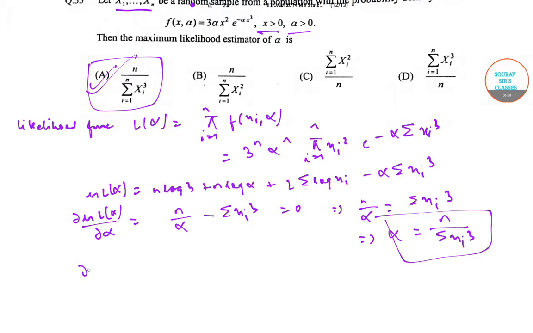So the second derivative of log L(alpha) with respect to alpha is equal to minus n by alpha squared, which is less than 0 since n is positive and alpha squared is positive too. Therefore, alpha is equal to n by summation xi cubed is the MLE.